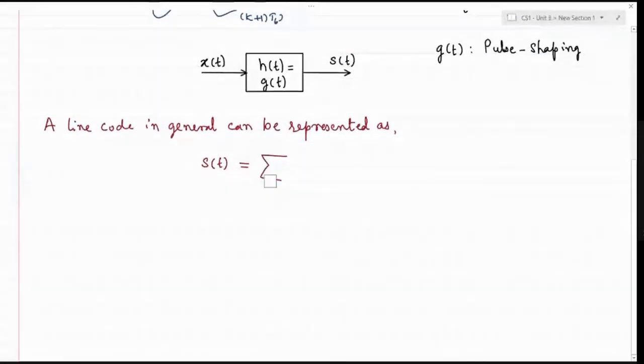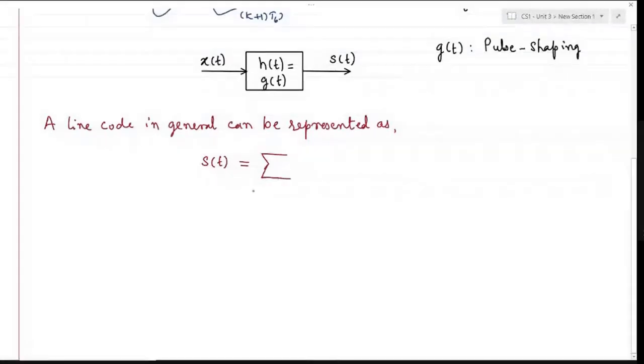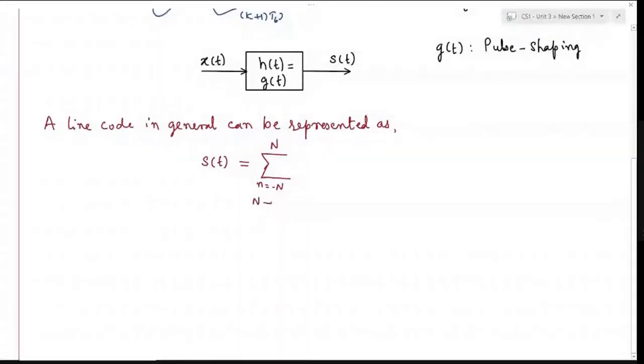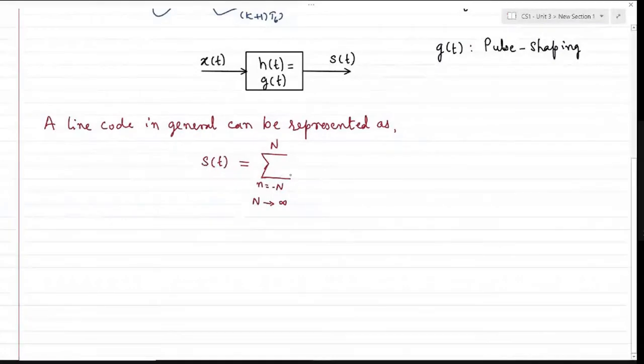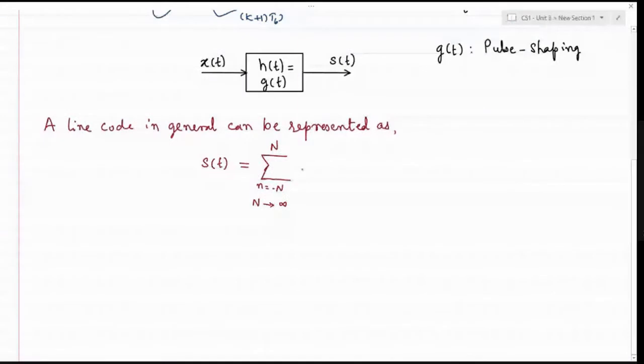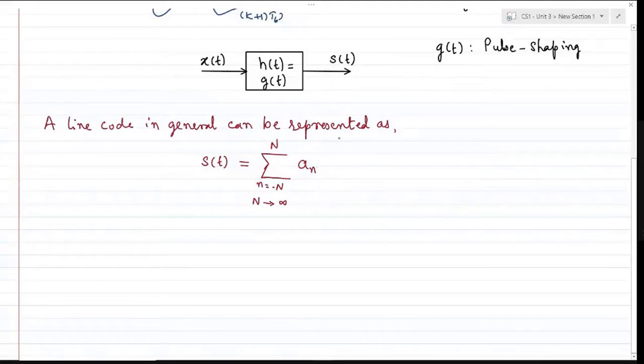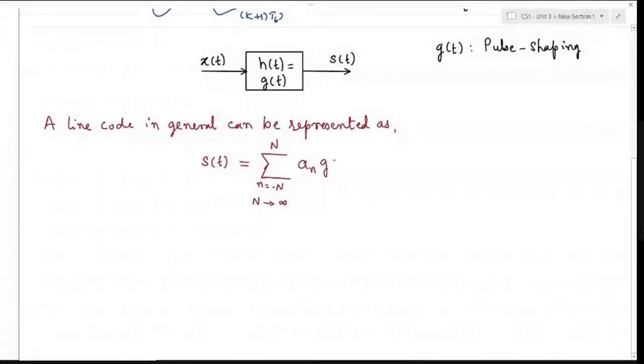As I have written the waveform there, it is just the cumulative of all those pulses. Say n running from minus N to plus N, as capital N tends to infinity. So for an infinite duration, running from minus infinity to plus infinity, it will have a random amplitude a_n at the nth instant of time, multiplied with the pulse shaped waveform, which is g of t minus nTb in general.